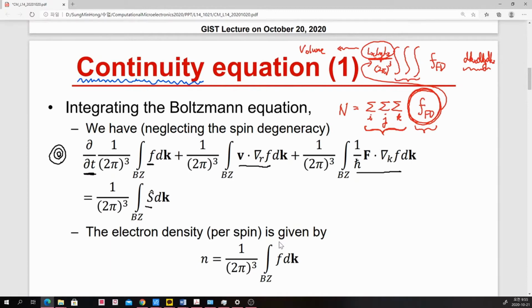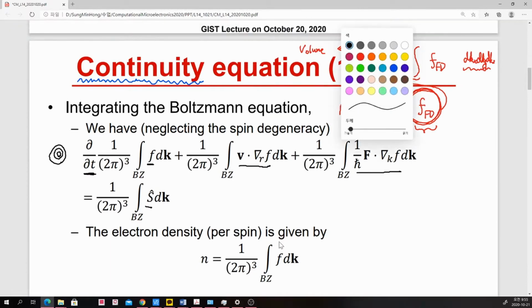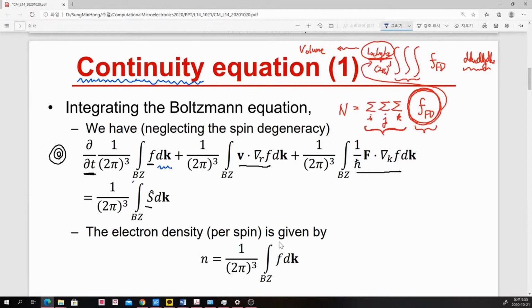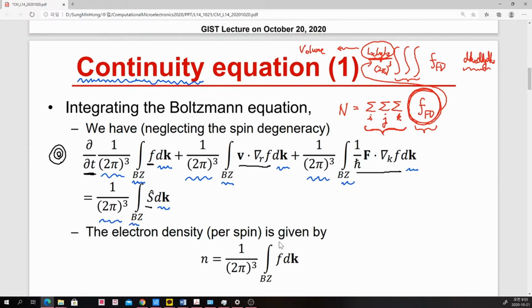And what we have done in this slide is just performing integration over the momentum space. You can easily understand there is no new information, and it is just the integrated Boltzmann equation.